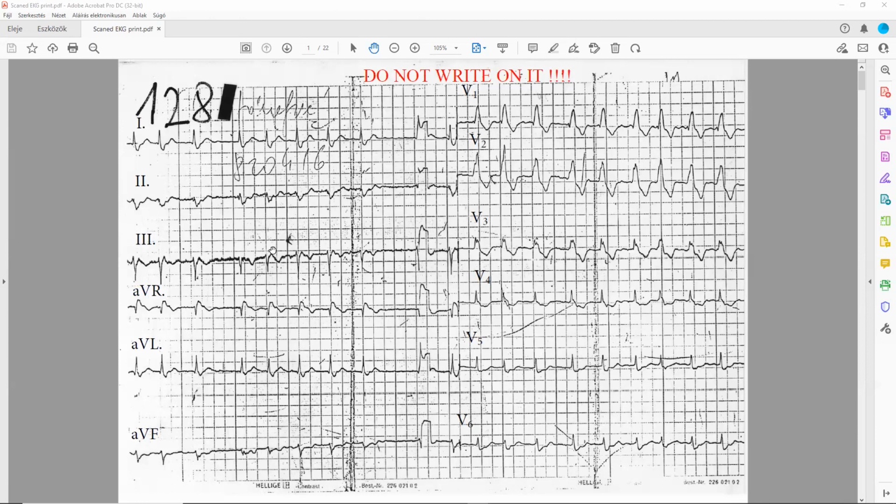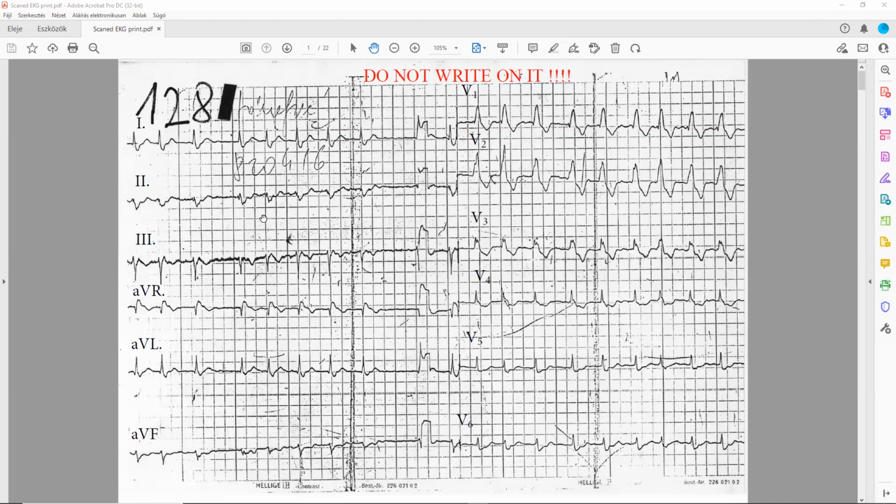So immediately now I know that this is an atrial fibrillation. You don't need to talk about the morphology of the P because there is no P. You don't need to talk about the PR interval because there is no P wave, there is no PR interval. The next one, you have to concentrate on the QRS complex.